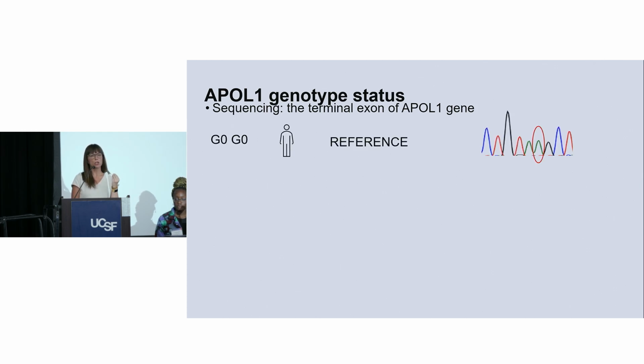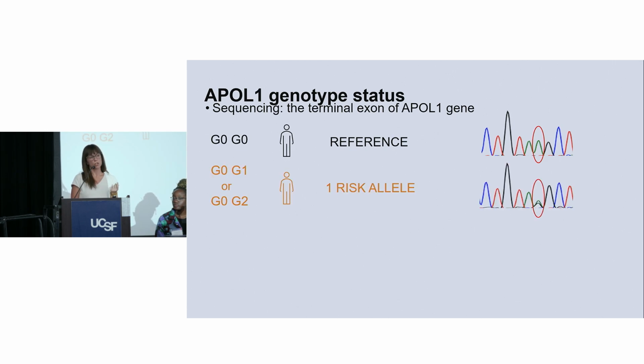Because each of us gets 2 copies of the gene, one from the mother's side, one from the father's side, you can be either homozygous, so having 2 identical gene copies, or different, which would mean you are heterozygous. So if you were homozygous for G0, you were assigned to have the reference genotype. If you were heterozygous for either G1 or G2, you were assigned to have 1 risk allele.